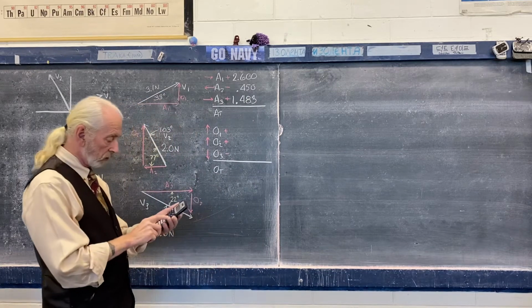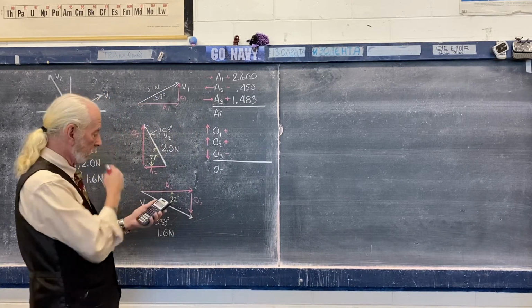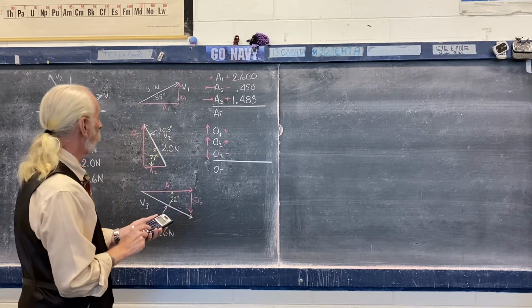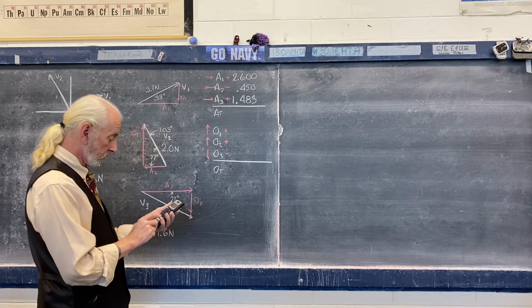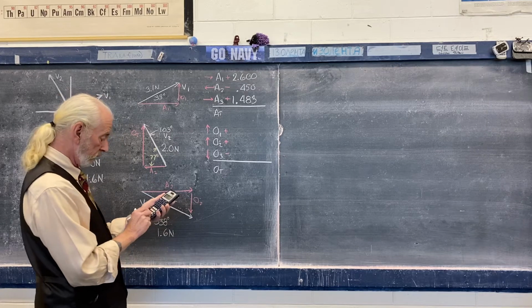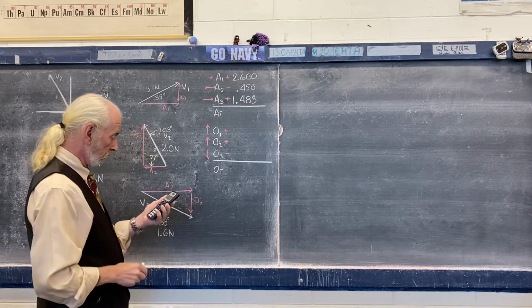Now I'll do my O's, my opposites. We use sine for that. So sine 33 times my hypotenuse of 3.1, 1.688.